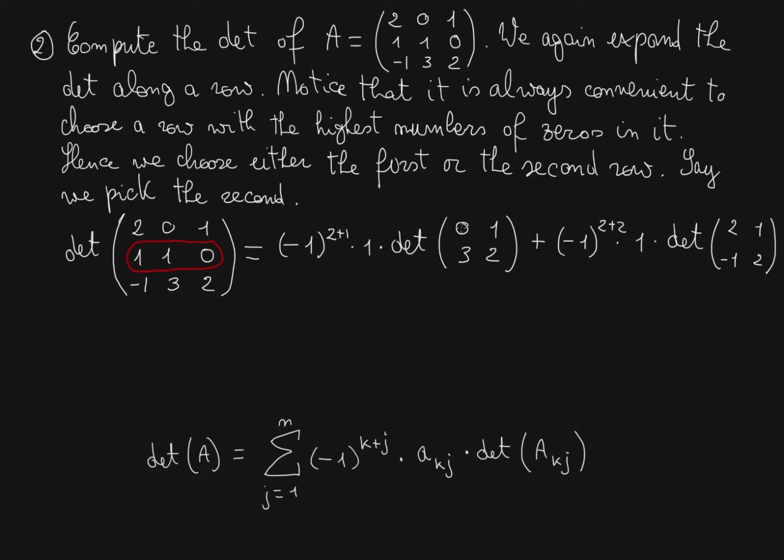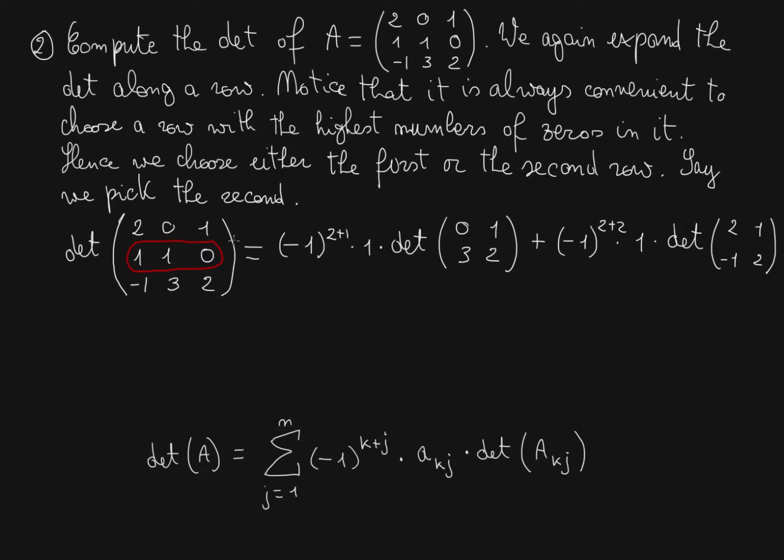Okay, so this is precisely the 2 by 2 submatrix we obtain from A, deleting the first column and the second row. Then the second summand is going to be relative to the coefficient 1, corresponding to the second row and the second column. So -1 will be raised to the power 2 plus 2, multiplied by 1, the coefficient, multiplied by the determinant of the submatrix we obtain removing the second row and the second column.